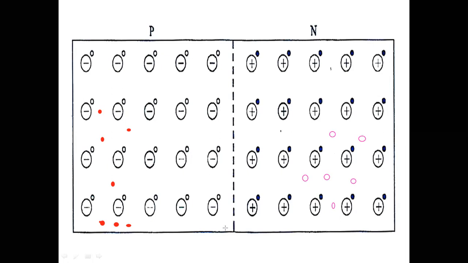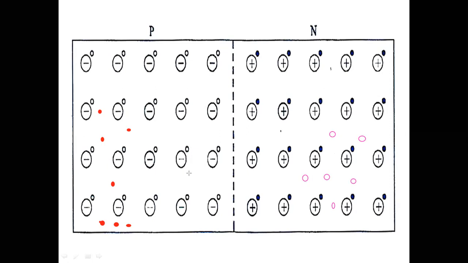Now, what's happening at the junction? Here electrons are majority charge carriers, and here electrons are minority charge carriers. So this electron will try to move from a high concentration area to a low concentration area.